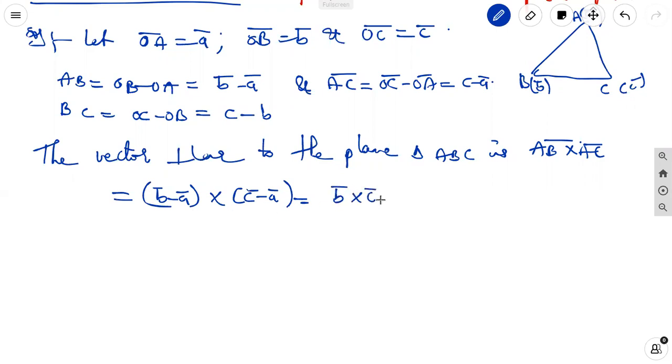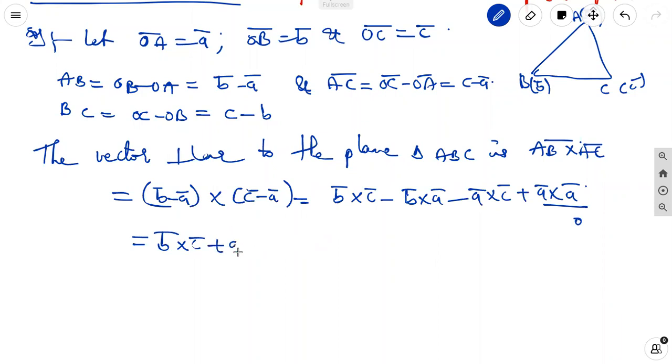B vector cross C vector minus B vector cross A vector minus A vector cross C vector plus A vector cross A vector. Here this A vector cross A vector should be 0. It is equal to B vector cross C vector and, interchanging the cross product, plus A vector cross B vector plus C vector cross A vector.